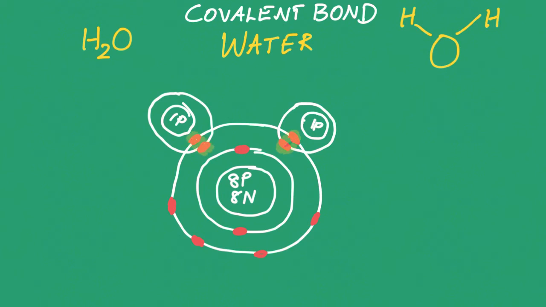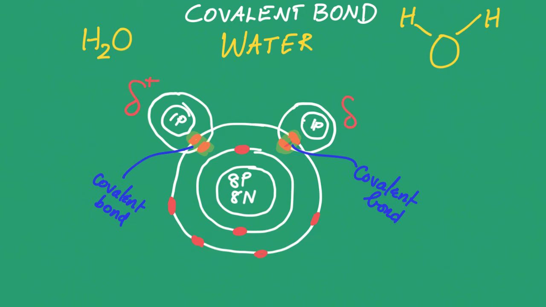However, the oxygen being much bigger than the hydrogen, it tends to pull those electrons towards itself. So the oxygen, because it pulls the electrons towards itself, becomes a little bit negative, partially negative. The hydrogen gives up its electron a little bit towards the oxygen, and so it becomes partially positive.